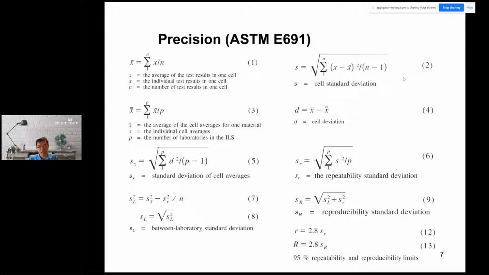Between different labs, they have different average values, so you can get the average of the average values, which is equation 3. You can also calculate for each lab how far they deviate from the average of the average. Then you can calculate the standard deviation of the cell averages, which is equation 5, and the repeatability standard deviation, equation 6, and so on.